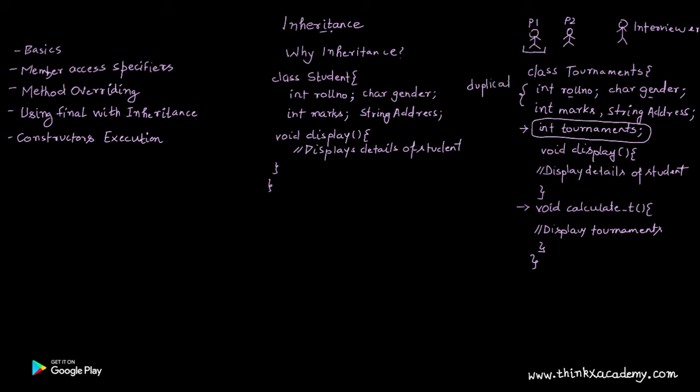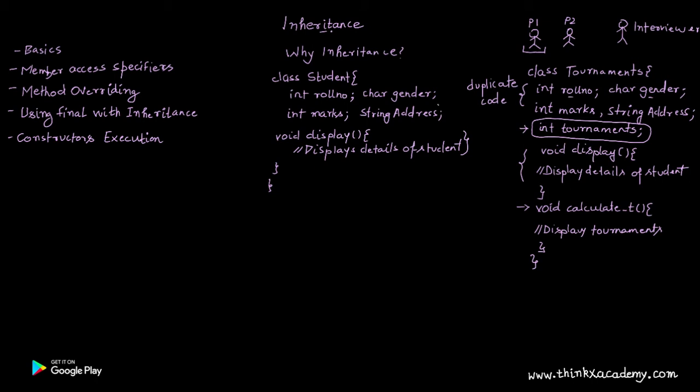So this is going to take a lot of memory space. You can see that if this function display is a very long function, you will have to create that function again in this class. So this poses a problem because you are initializing them again in this class.